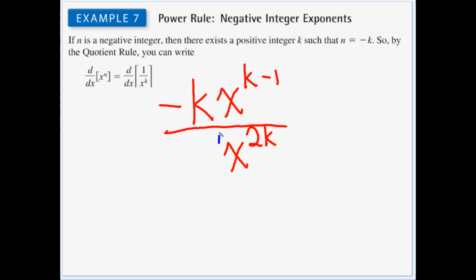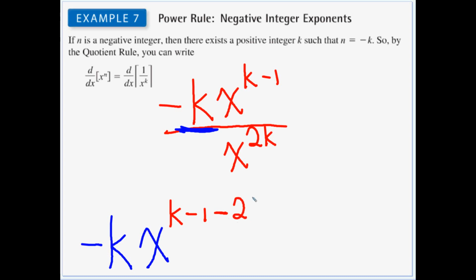And look what's going on here. We've got the same bases. We're dividing the same bases. So what do we do with the exponents? We subtract the exponents. So our answer here, we're going to have the minus k, that number. And we know we're going to have base x, and the exponent up here, let me switch to red ink, we'll take the numerator exponent, k minus 1, and we're going to subtract the denominator exponent, 2k. k minus 2k, that'll turn into a negative k minus 1.